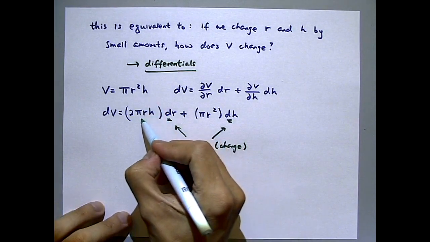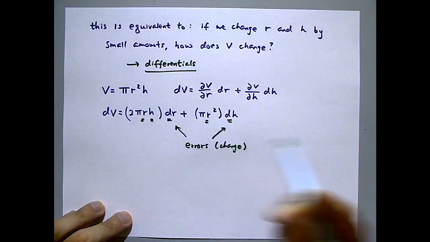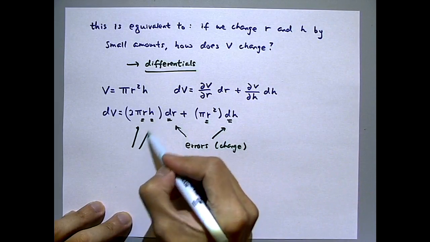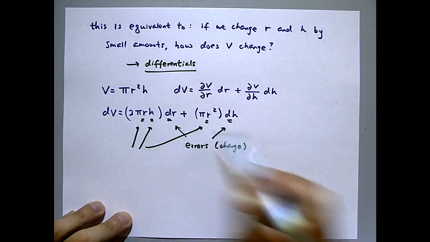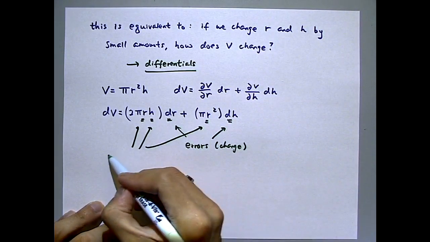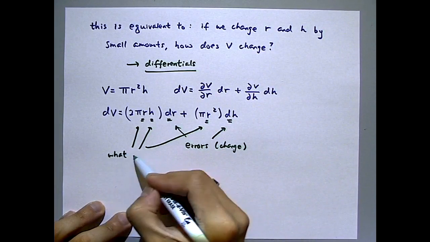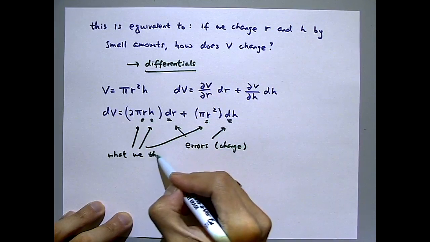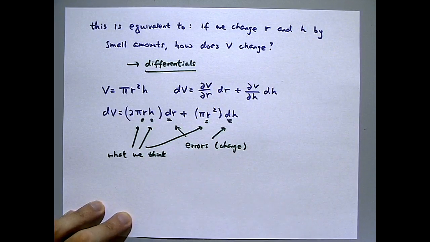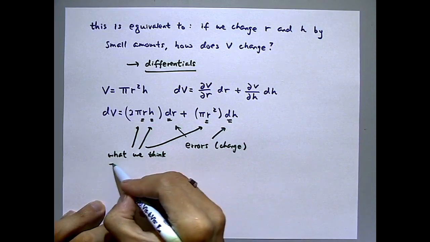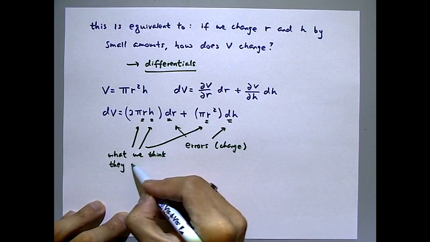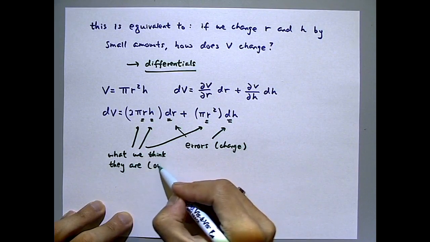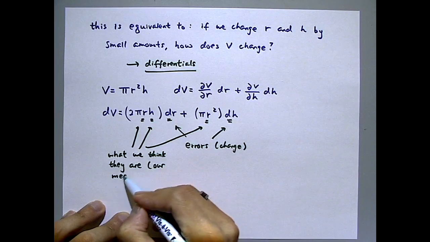And these plain r, h, these three variables without d attached to them, these are what we think they are, which is our measurement.